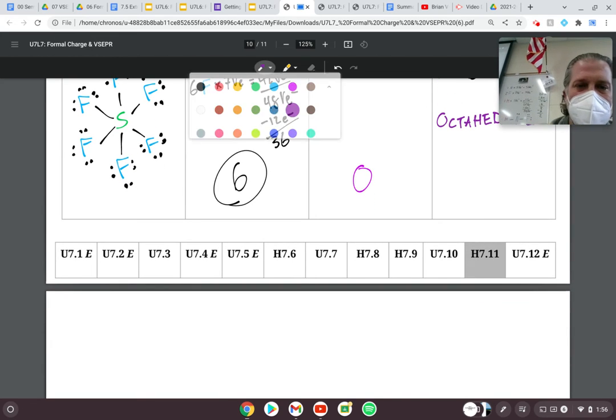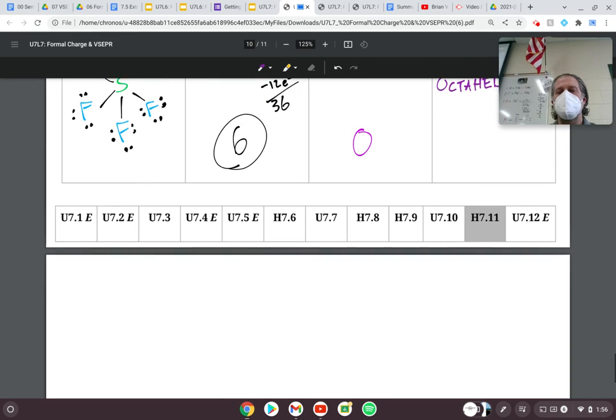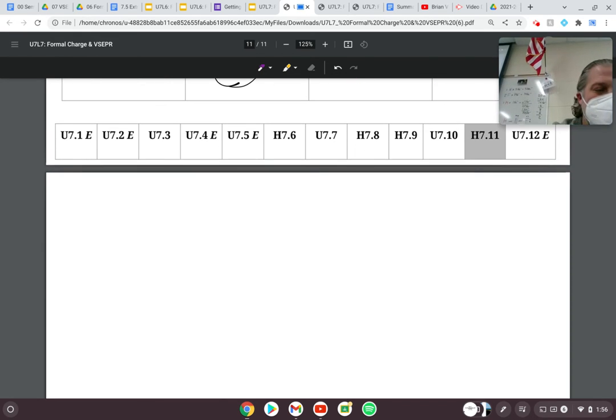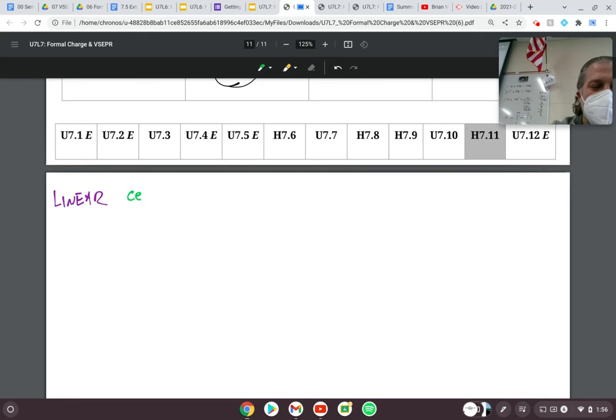The first structure that we learned about yesterday was linear. A linear structure has a central atom.